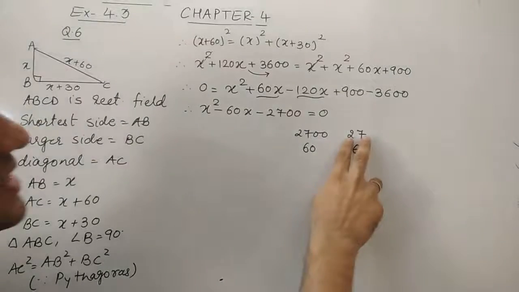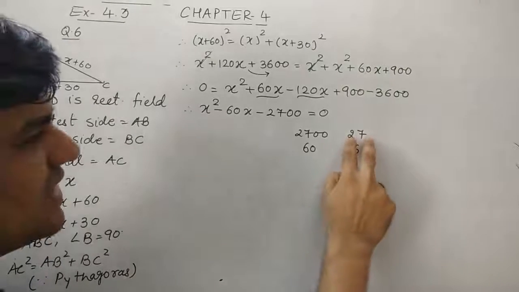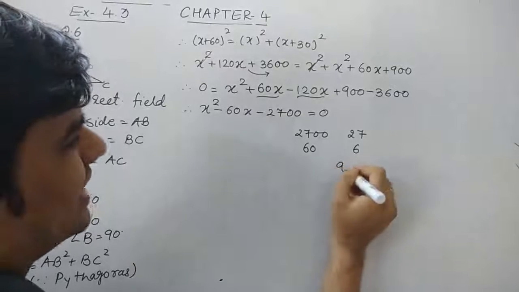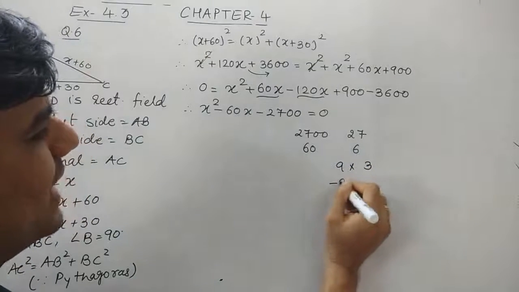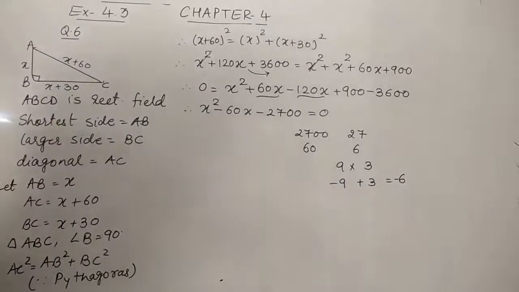So we have to find the factors of 27 and obtain 6 by subtraction. We know the factors: 9 times 3 is 27, minus 9 plus 3 equals minus 6.